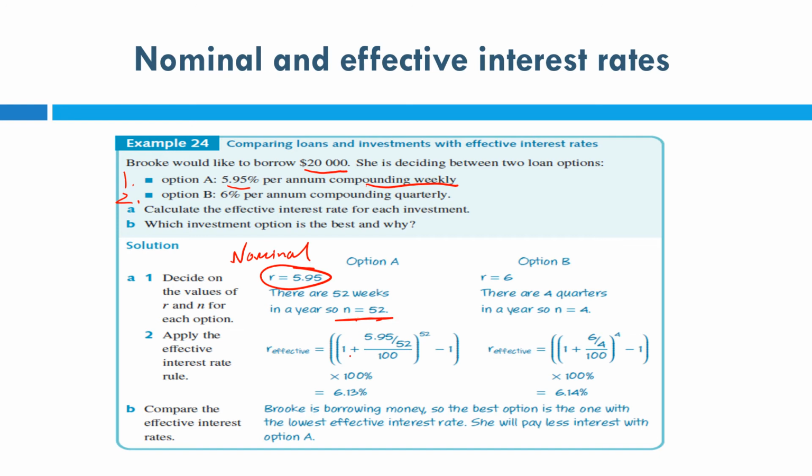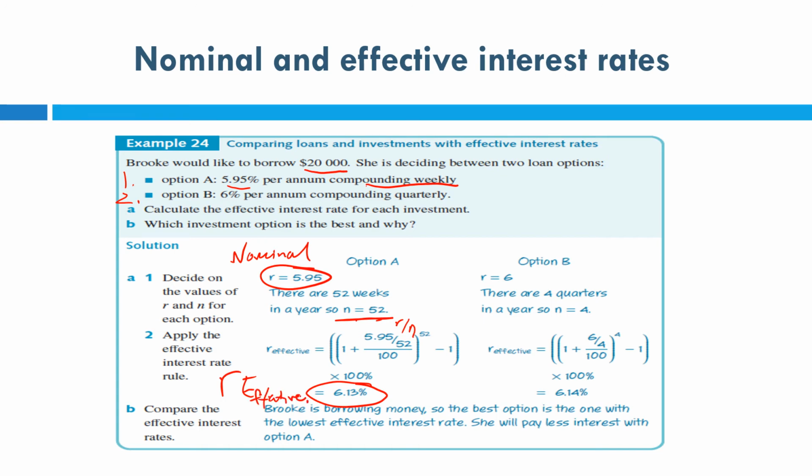We've got (1 plus 5.95 divided by 52 divided by 100) to the power of 52. Then we have to take 1 away. When we get that value, we multiply it by 100 to get a rate of 6.13%. That's our effective rate for option A.